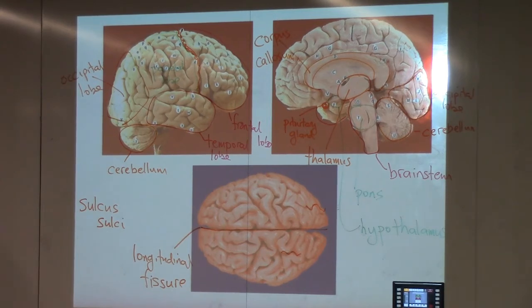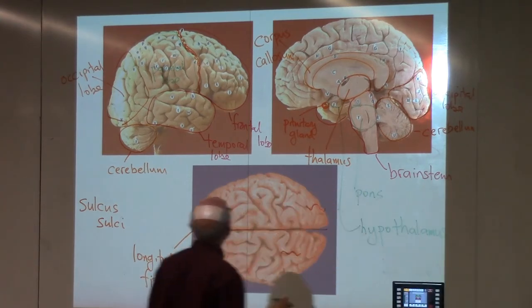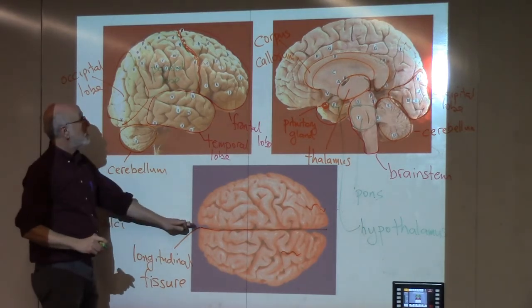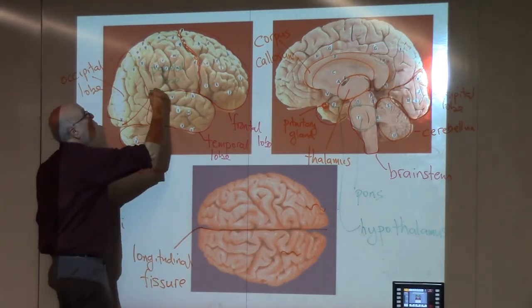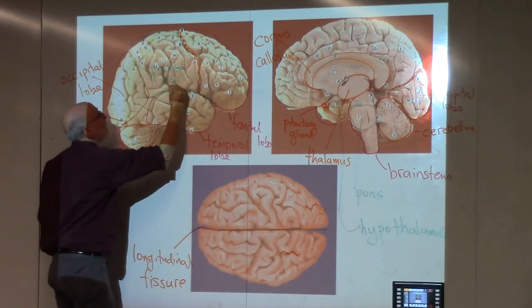Okay, now I'm going to point out some things, and I'm going to ask anybody to come up with the name. Okay, this is the longitudinal fissure. What is this sulcus right here called?